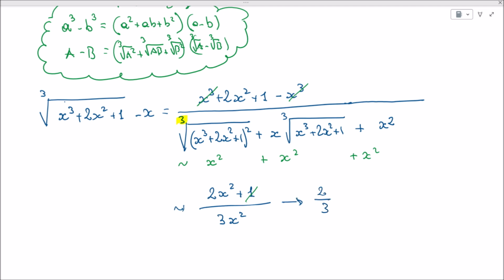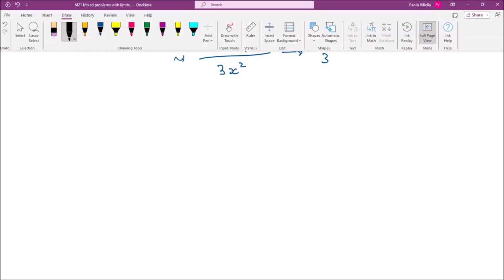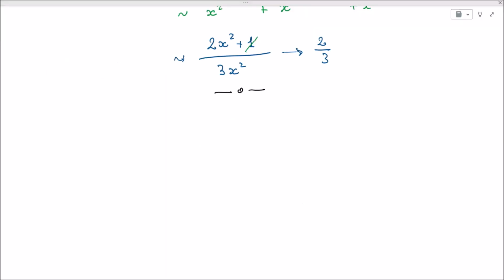Now let's apply the same technique to a slightly different limit. This is example 6. Another limit where we have roots and we want to get rid of these roots. We have the limit as n goes to infinity.